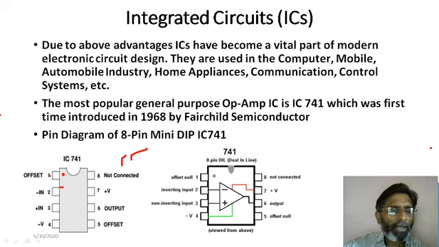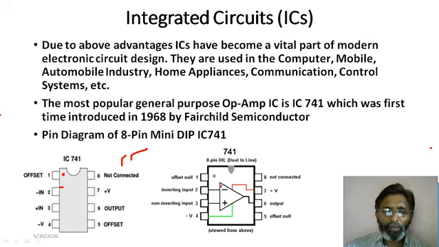Pin number 1 is the negative offset null input, this is the inverting input, this is the non-inverting input, this is minus VCC, this is the positive offset null input, this is the output terminal, this is plus VCC, and this last pin is not connected because we require only these 7 pins.